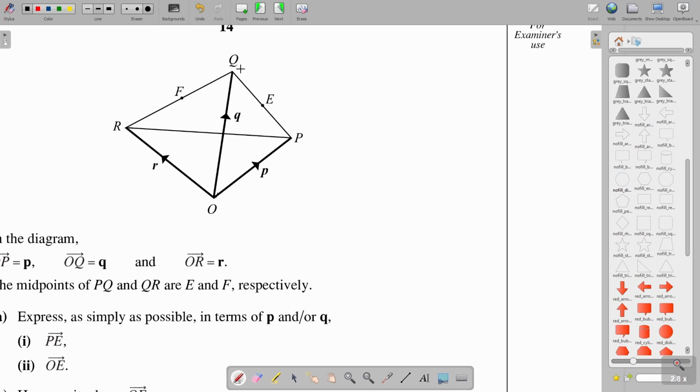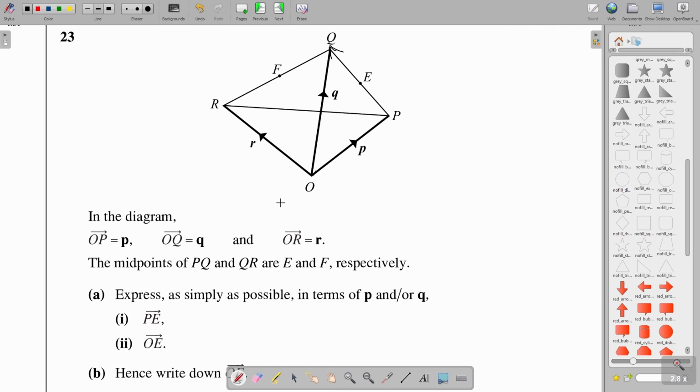So PE is just half of PQ. When we're figuring out vectors, when you draw a line, you basically do the head minus the tail to figure out the vector. So the head here is OQ and the tail is OP, right? Because Q is up front and then P is at the back.